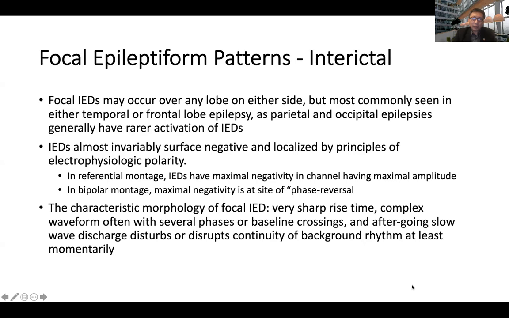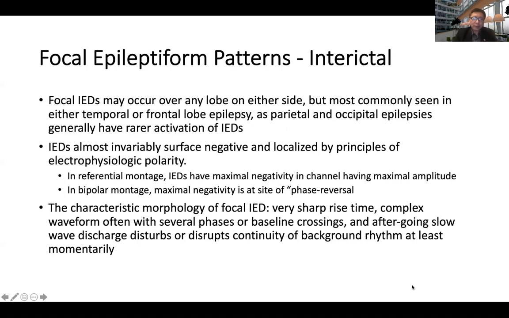The IED is surface negative, localized by the principle of electrophysiologic polarity. Looking at different montages, for example in the referential montage, the IED shows maximum negativity in the channel having maximum amplitude. But in the bipolar montage, the maximum negativity is at the site of the phase reversal.